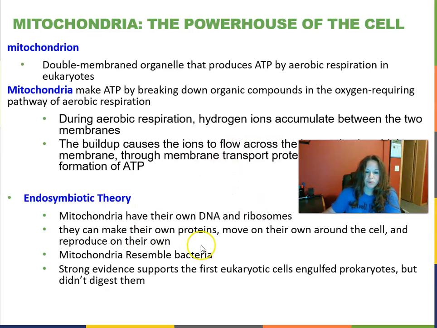This is also true of one of our upcoming organelles called chloroplasts. They're very similar, and again, they have their own DNA and ribosomes, they make their own proteins, they move around, they reproduce on their own, and they resemble bacteria. So, endosymbiotic theory.